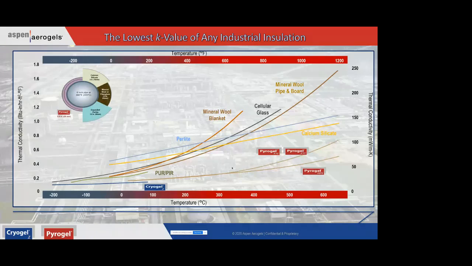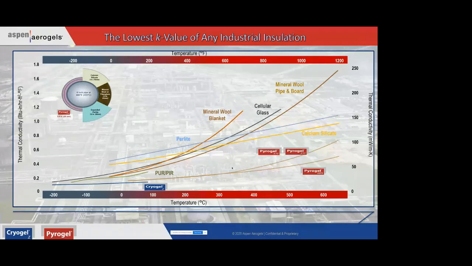And what that ultimately equates to is you need much less material. So typically, you would need, for 300 degrees C, anything between 60 to 100 millimeters of mineral wool, depending on your actual requirements. You would need anything between 20 to 30 millimeters of Pyrogel to meet the same requirement.